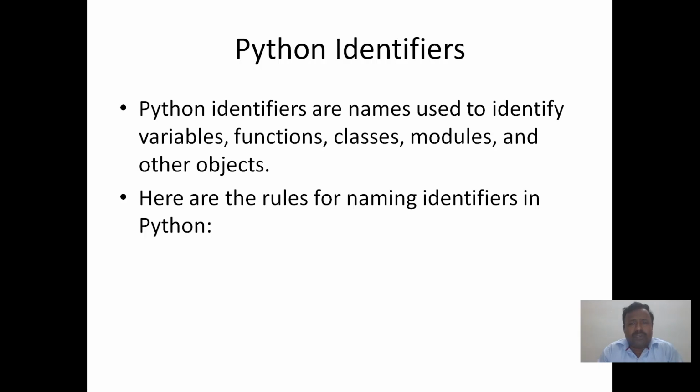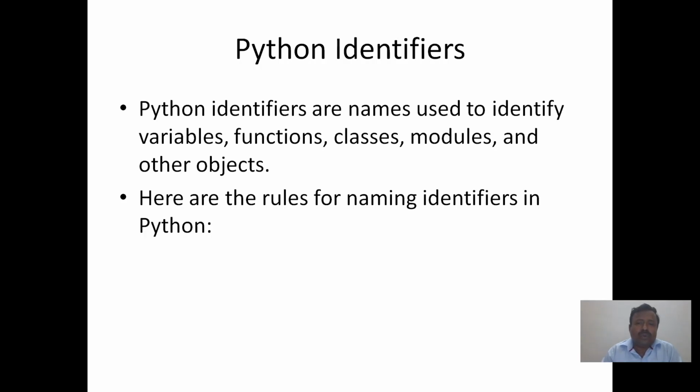For that object we keep a name. That name, whatever name we formulate, we technically call an identifier. So identifier means, in one word, user defined word.